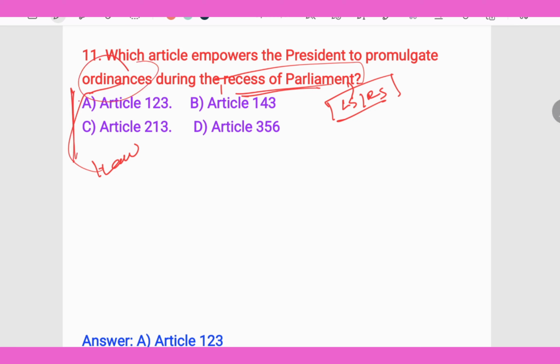The question is, which article says about this? The answer is article 123 for the president, and the governor also has the power to issue ordinance, which is article 213. Remember, 123 for president and 213 for governor. Both of these articles are for ordinance.